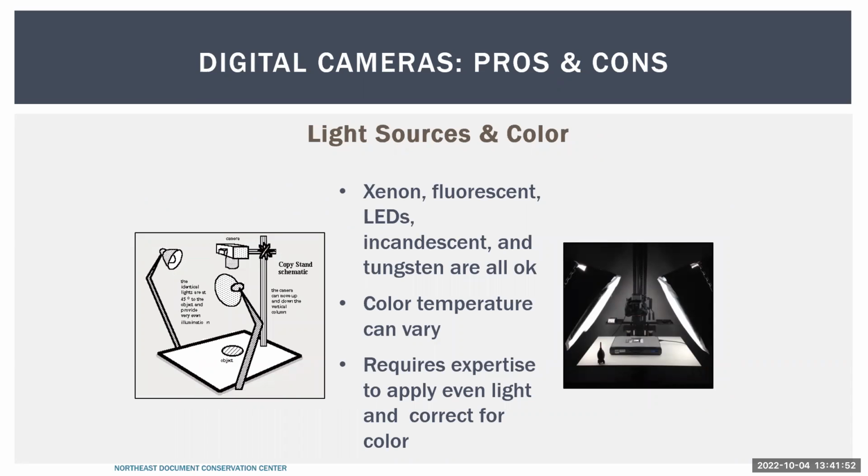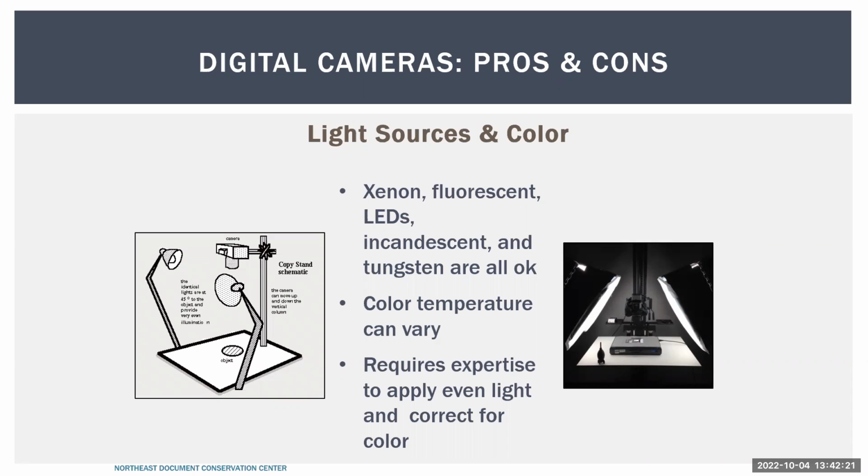And again, don't forget about the light source that you will need for a digital camera. Lights can be quite low tech. You can use clip-on lamps or regular light bulbs, or you can invest in a high-tech setup and have a high-tech attachment like we see here in the right image. The key for your light source is to have even light over the surface of the item that you're digitizing.